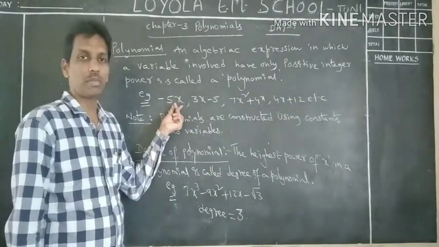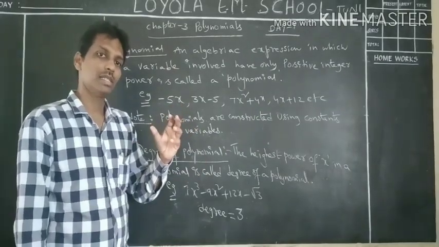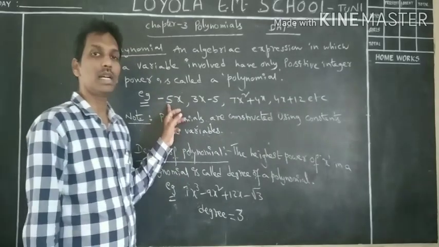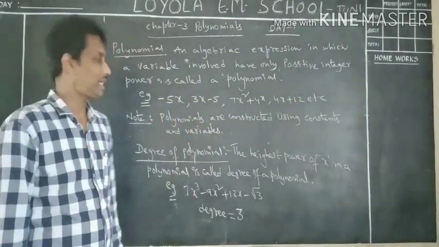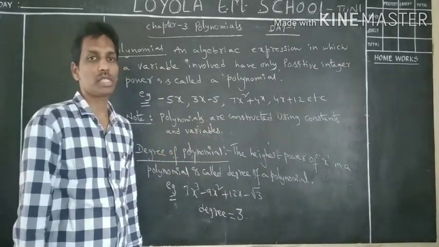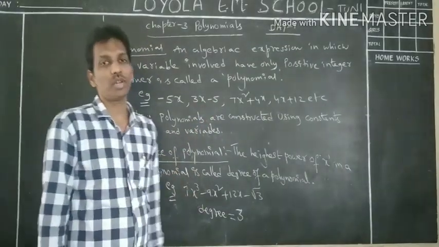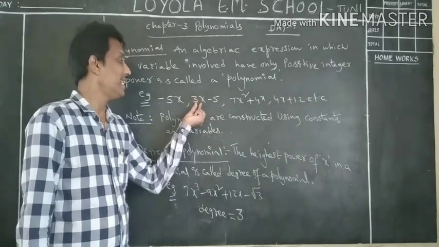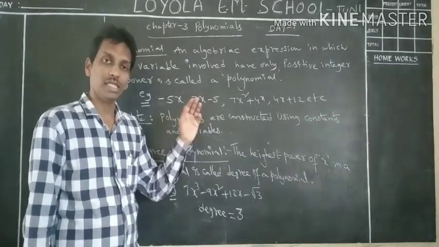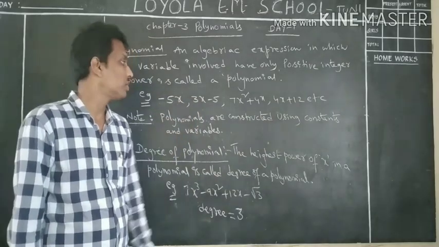But here minus 5x is considered as a single term. Minus 5 is the coefficient of x. Here, this is a polynomial which is a combination of two terms. What are they? 3x is one term and minus 5 is one term. Here 3 is considered as the coefficient of x.